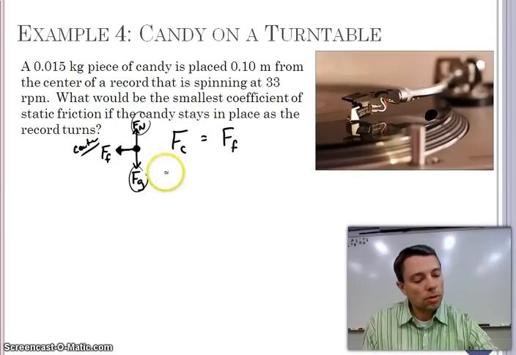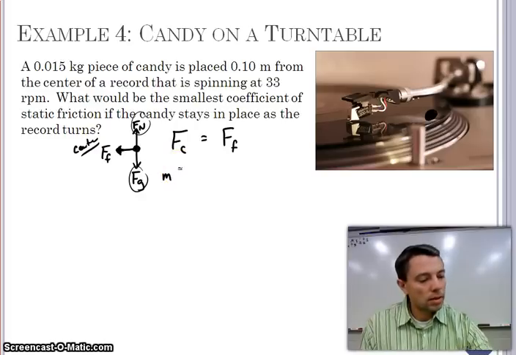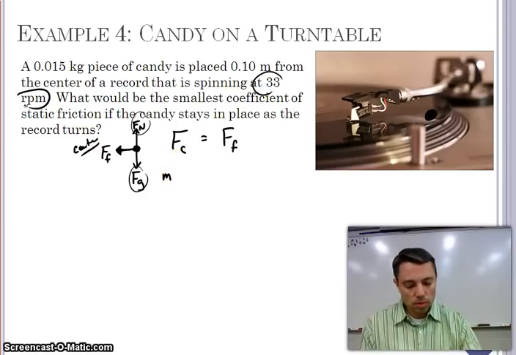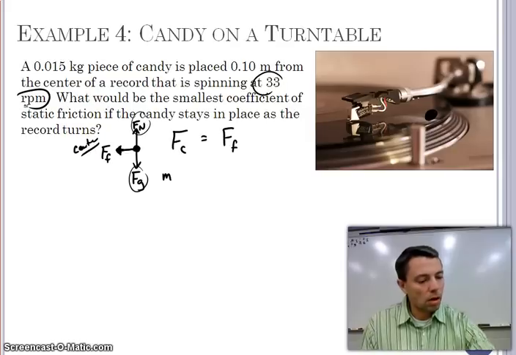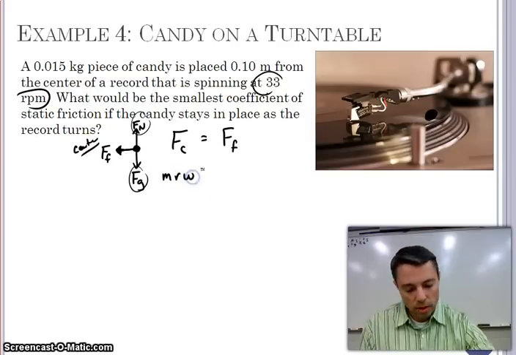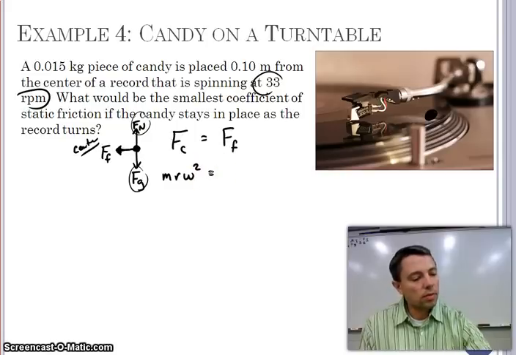So my centripetal force is going to be my mass times, and now I'm going to look here, I've got RPMs. I think I'm going to do this with an r omega squared, because I can convert 33 RPMs into radians per second. And that'll be one of my tests that I'll have to do.